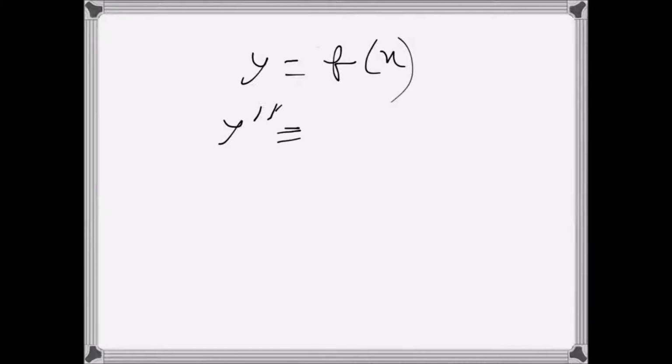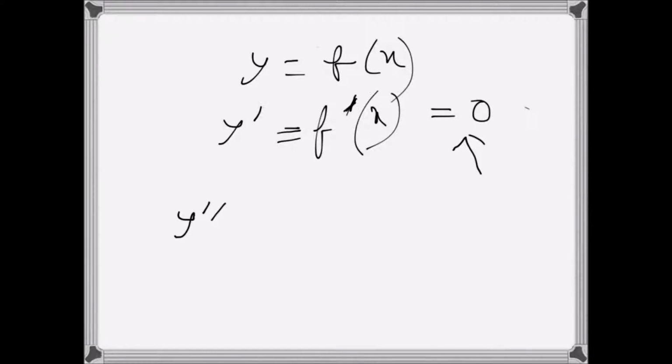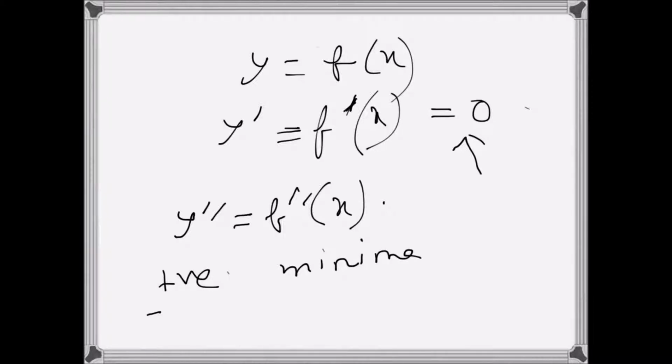The first derivative, f prime x, gives the stationary point when it is 0, and then the sign of the second derivative at that point is calculated. If the second derivative is positive at that stationary point, then it is a minima, and if the second derivative is negative, then it is a maxima.